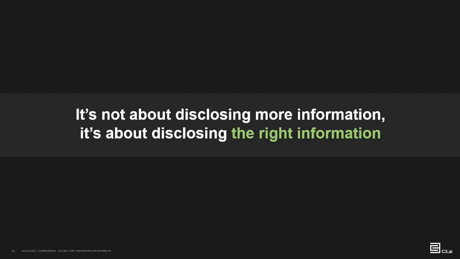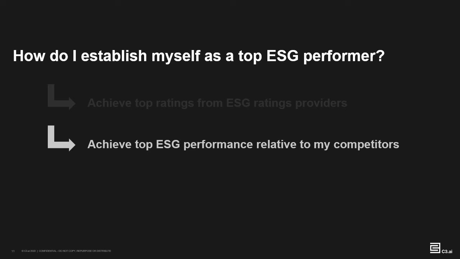The right information is the information that is about your company's strategy, the environmental and social issues that are important for your company's success, and selecting the right KPIs, the right measures of success that ensure that the market, your stakeholders, your employees, your customers understand, here are the priority issues for my company, and here's how I'm performing on those issues. And so it's not adding to confusion by disclosing every possible data point that you could disclose. It's finding the data that supports the narrative about how your company is managing these issues and how they contribute to your company's long-term success.